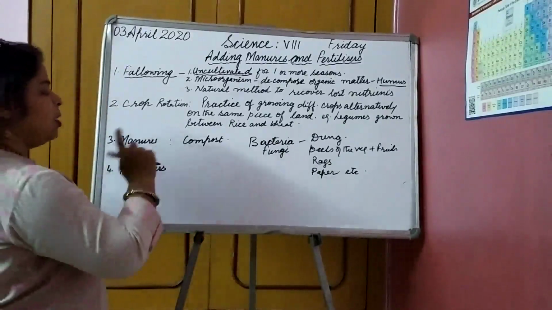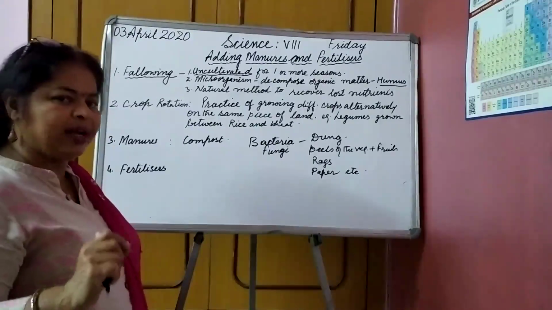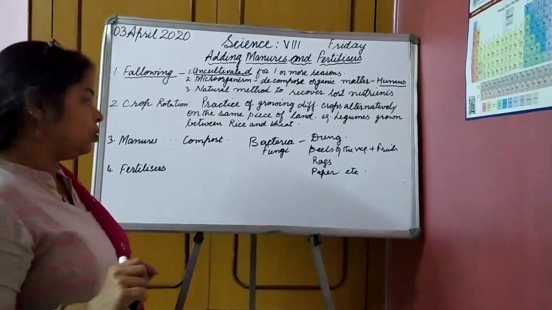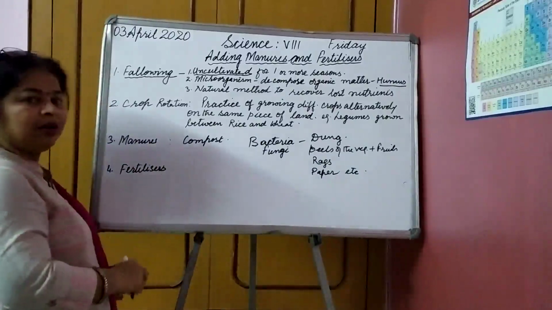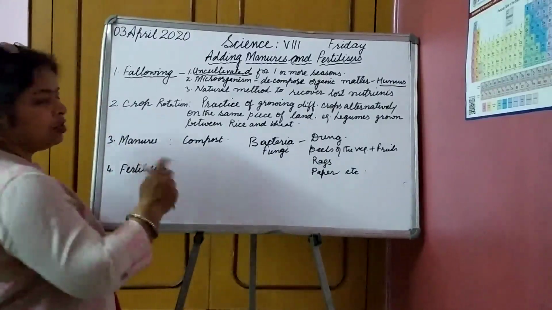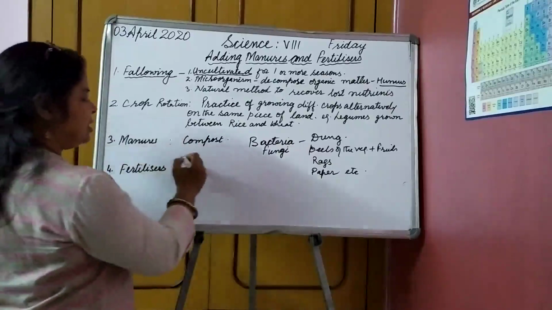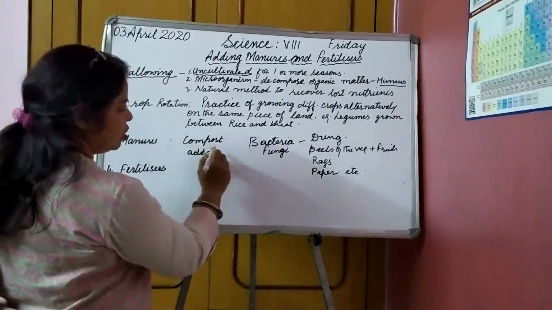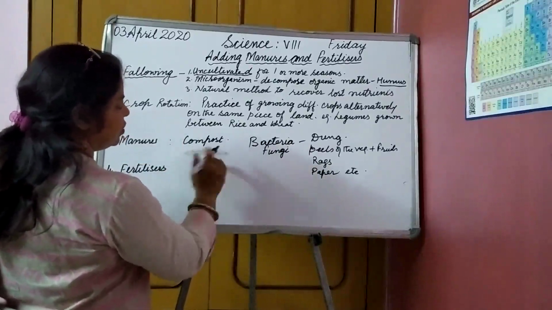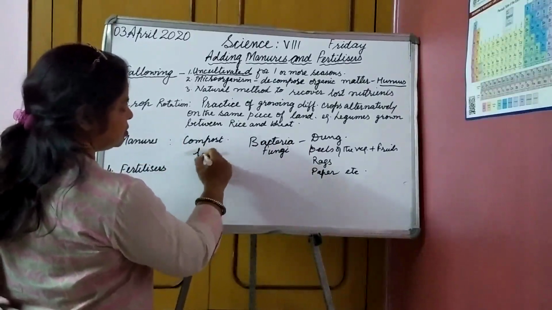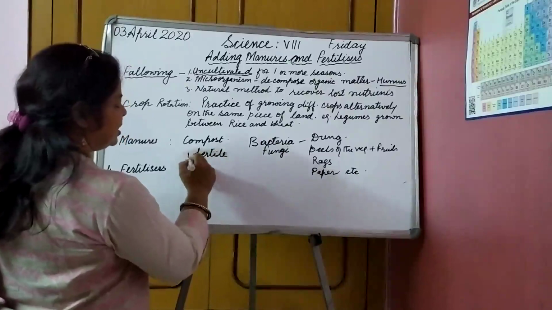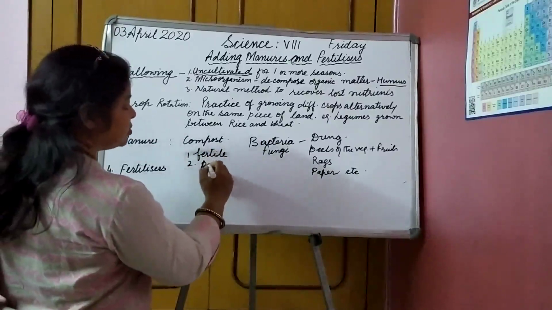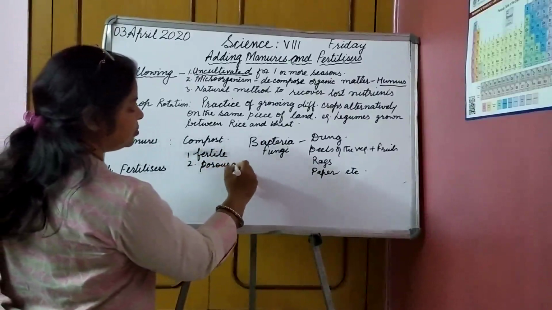Okay, so manure is also added to the soil to increase the fertility factor. Now, manures are very good for the soil. Why? Because they add nutritive value, or they make the soil fertile. Besides that, they make the soil porous and airy.